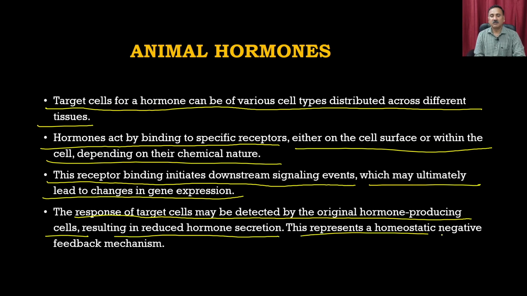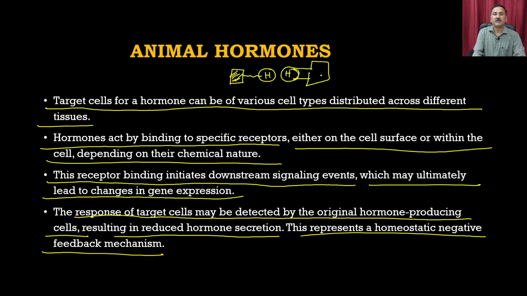control. This response is a negative feedback mechanism, which means if this is the hormone producing cell or hormone producing organ or gland, when it is secreting the hormone, and the hormone reaches a receptor containing cell and binds to it, this cell also starts responding.